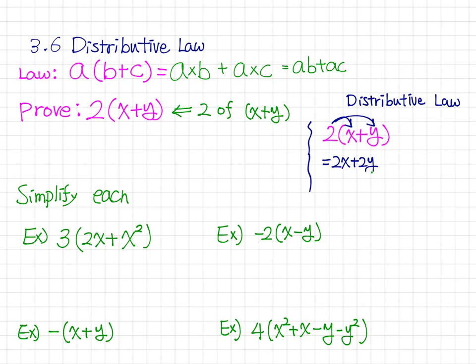If I have 2 of the x plus y, it will be x plus y plus x plus y, and as we collect the like terms, x and x are the same terms, like terms.